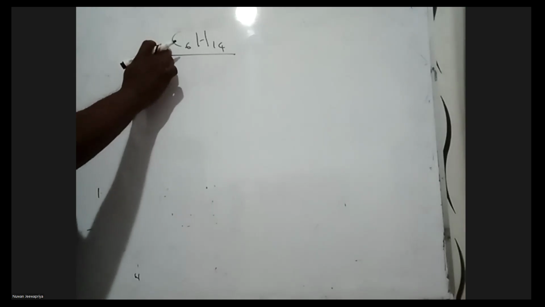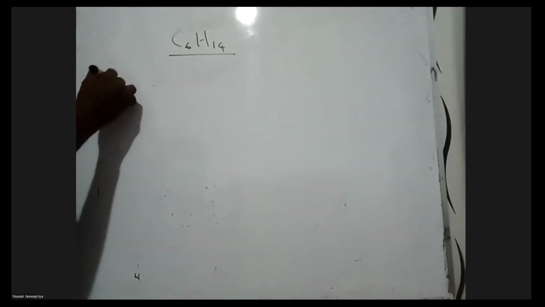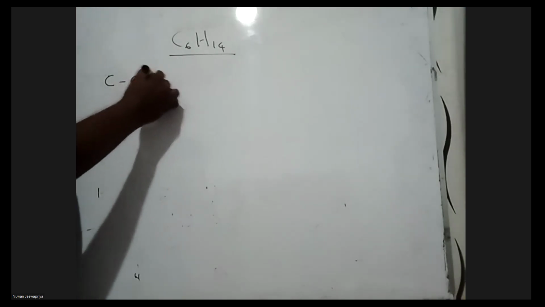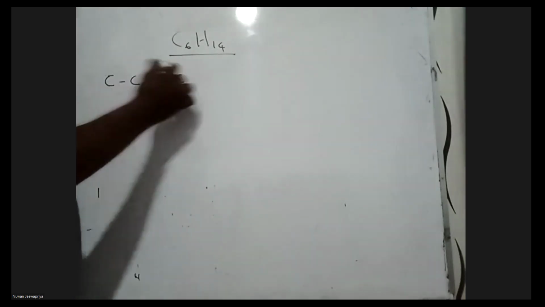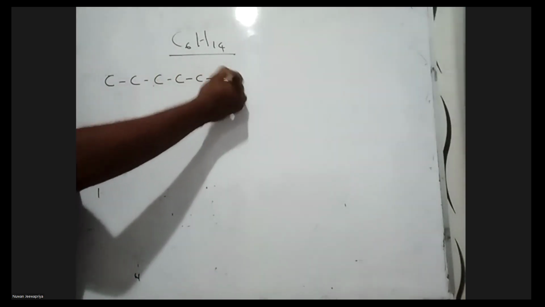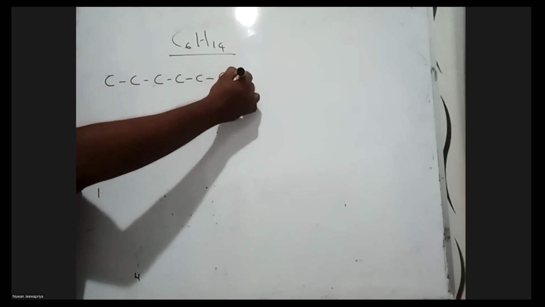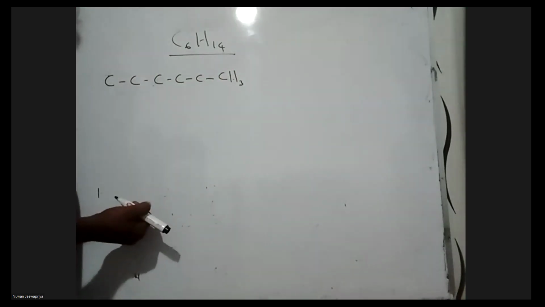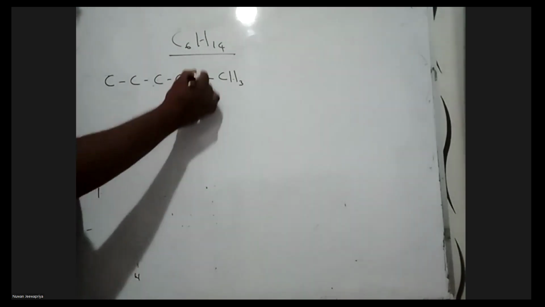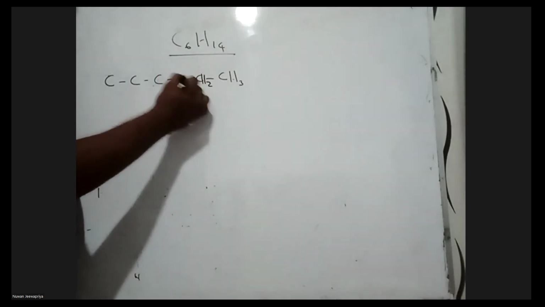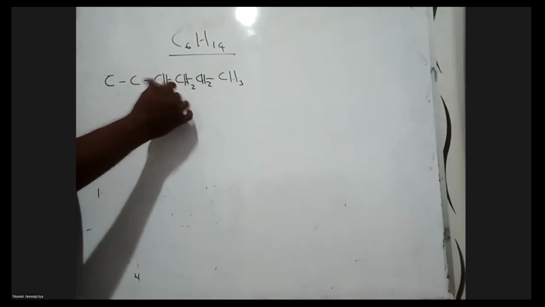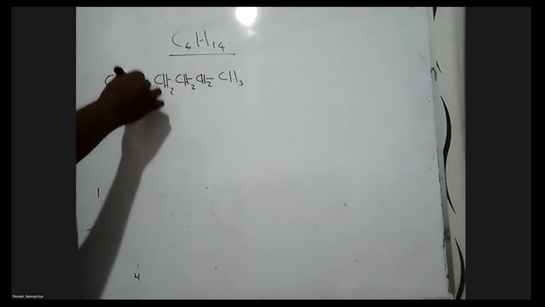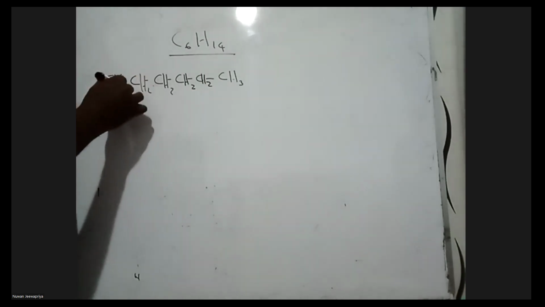So I want to arrange 6 carbon atoms: 1, 2, 3, 4, 5, and 6. I write the structural formula like this: CH3, CH2, CH2, CH2, CH2, and then CH3.